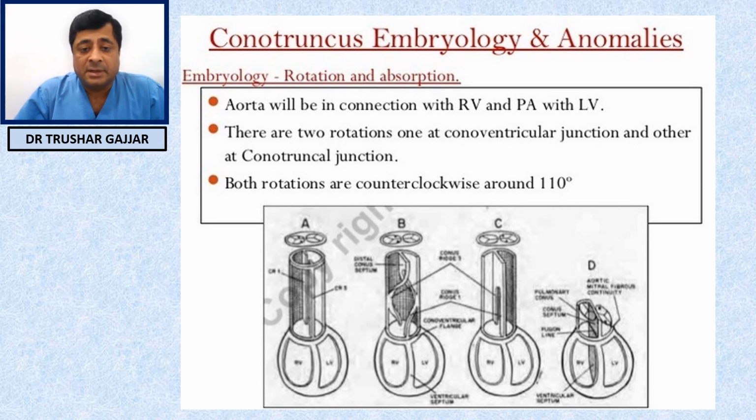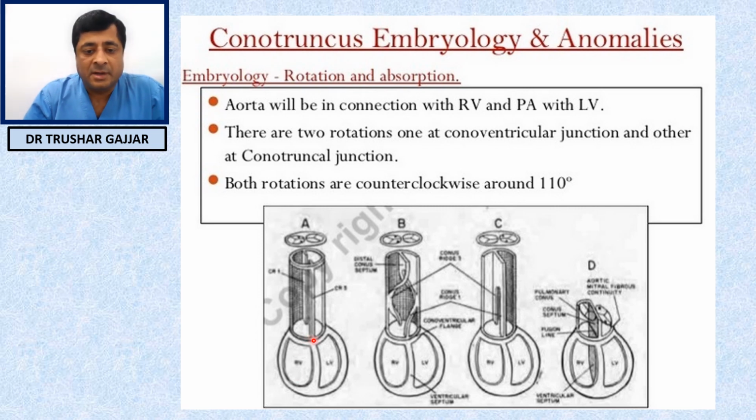So here there are two rotations that occur in the conotruncal area. The first is at the conoventricular junction, meaning the conus and the proximal portion of the bulbus cordis, and the other is at the middle and the distal portion of the bulbus cordis, which is called the conotruncal junction.